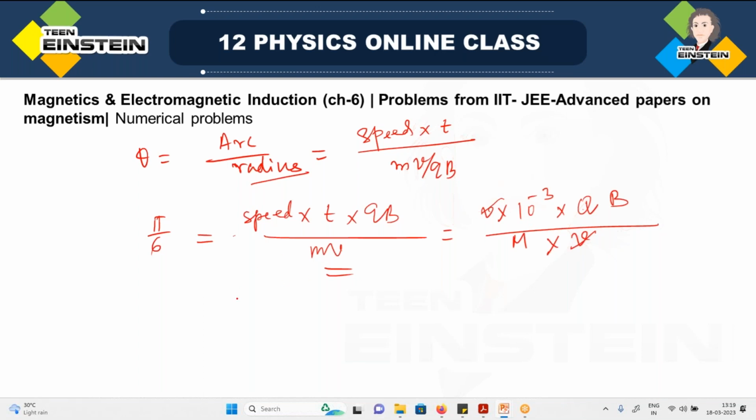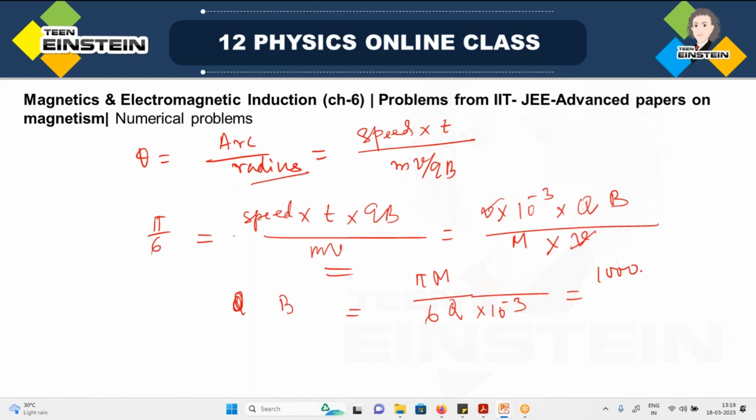So here we have to find out B, right? So B will be equal to pi m by 6 into q into 10 to the power minus 3. This t is the millisecond I have used here, and v and b I have just struck out.